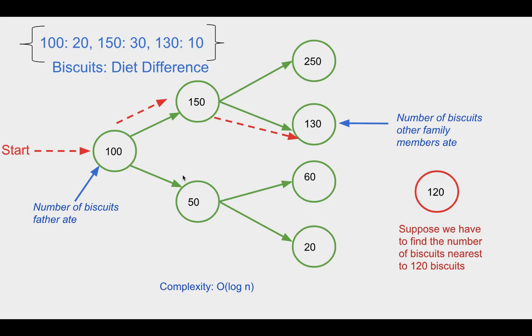In this slide we can see that we have to find the nearest number of biscuits which are closer to 120. We know that in a binary search tree, while we are searching, we will search for this 120 in this binary search tree. But as we know, this 120 does not exist in this tree.